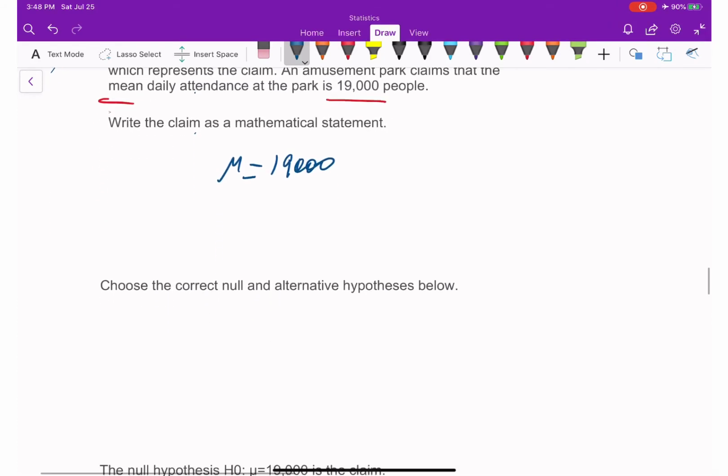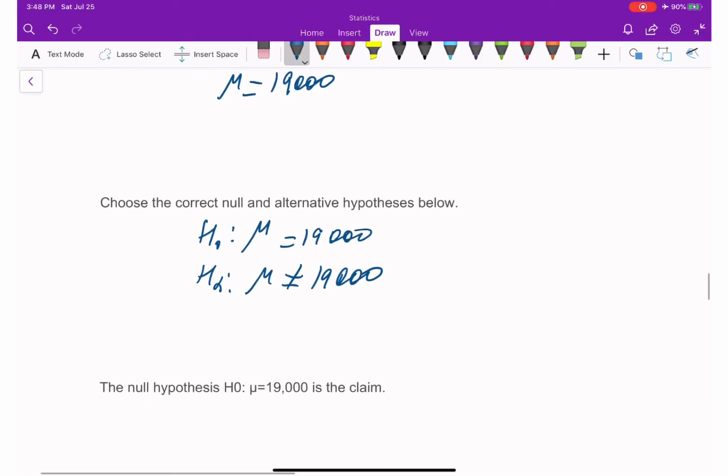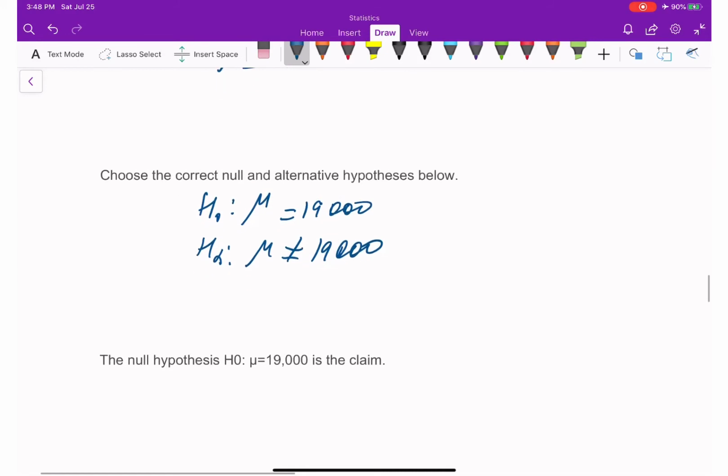Choose the correct null hypothesis. It is a null hypothesis because the equal sign is in there. And the alternative is going to be mu is not equal 19,000. Simple as that. And the null hypothesis is the claim. That's right.